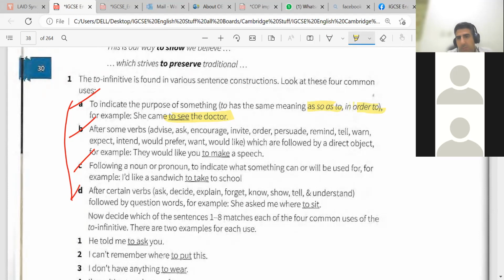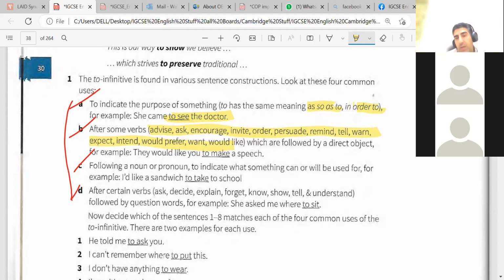Another function for to infinitive. After verbs like advise, ask, encourage, invite, order, persuade, remind, tell, warn, expect, intend, would prefer, want, would like, all these verbs, you should write to infinitive after them.